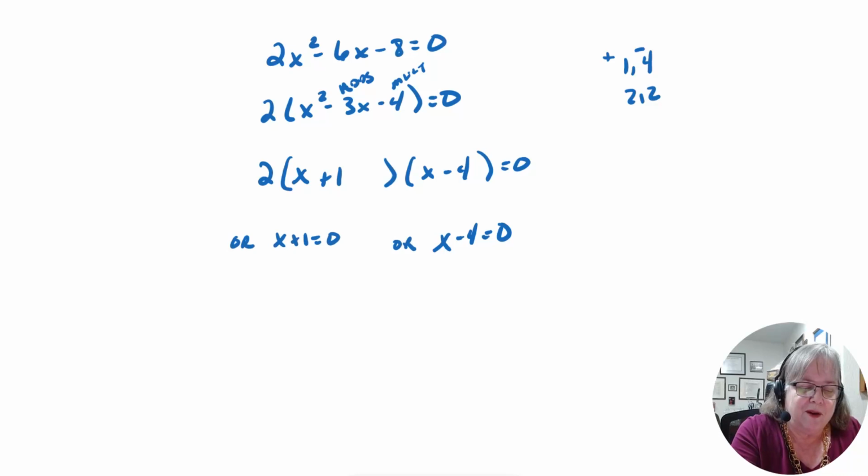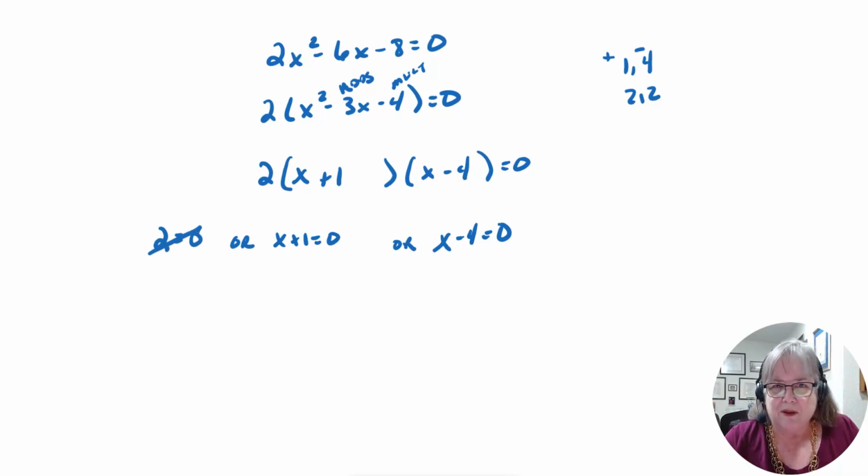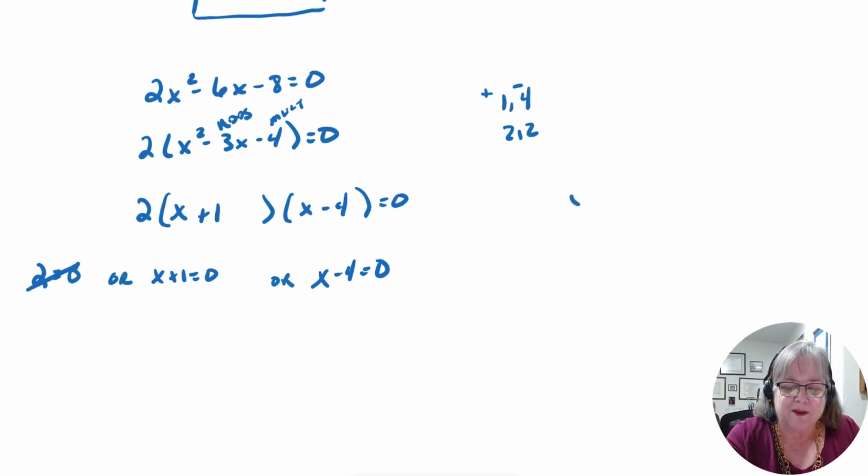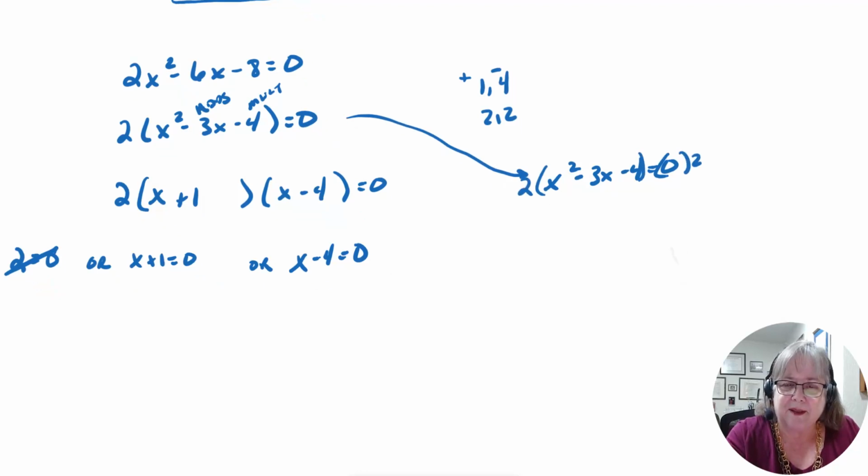And if you do this and go, or 2 is 0, and you go, wait a minute, 2 can't be 0, okay? So this is not going to come into play because it would be the same thing as if you said, for some reason, I have x squared minus 3x minus 4, this part right here, okay? Would it be legal to multiply the left-hand side by 2? Sure, as long as you multiply the right-hand side by 2.